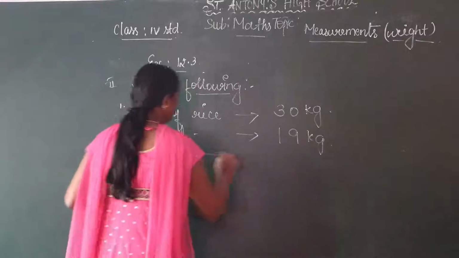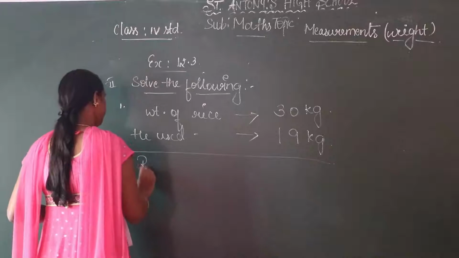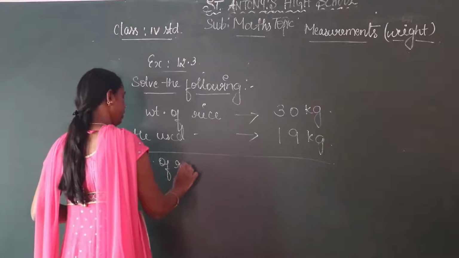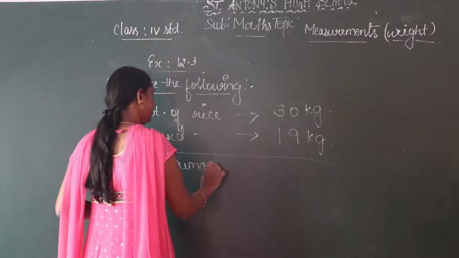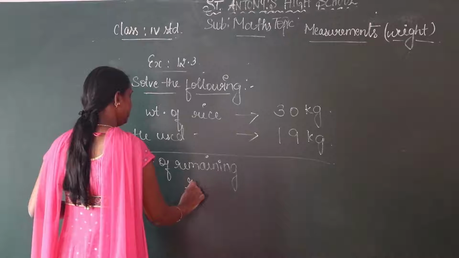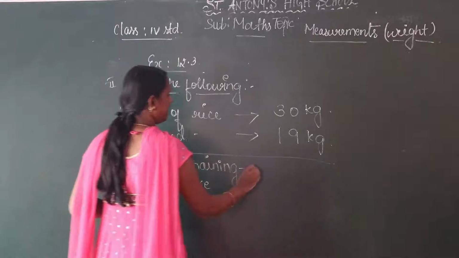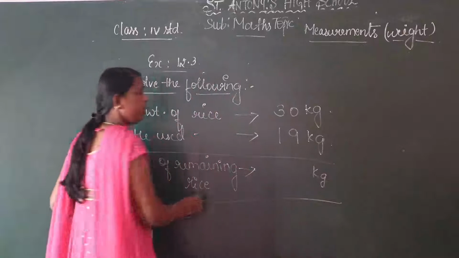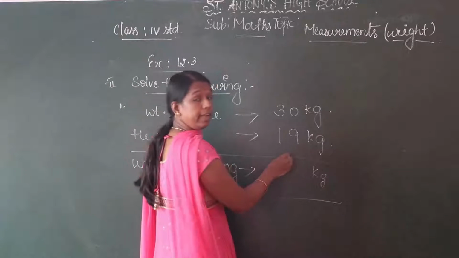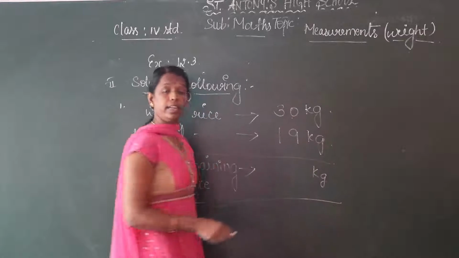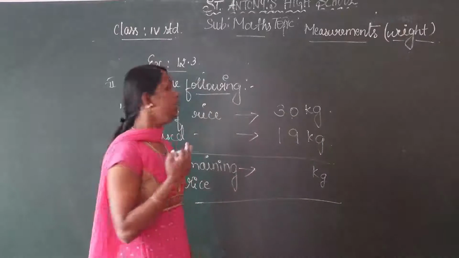Therefore, the weight of the remaining rice is equal to, write kg. Here see children, 9 is greater than this 0, which means the subtrahend is greater, so take a borrow from the nearest place.